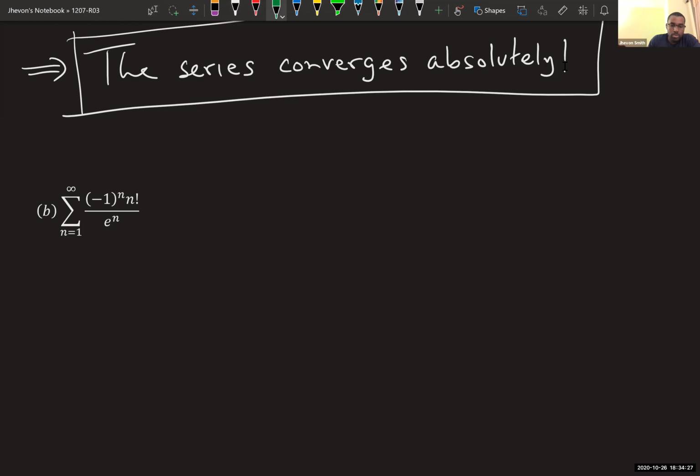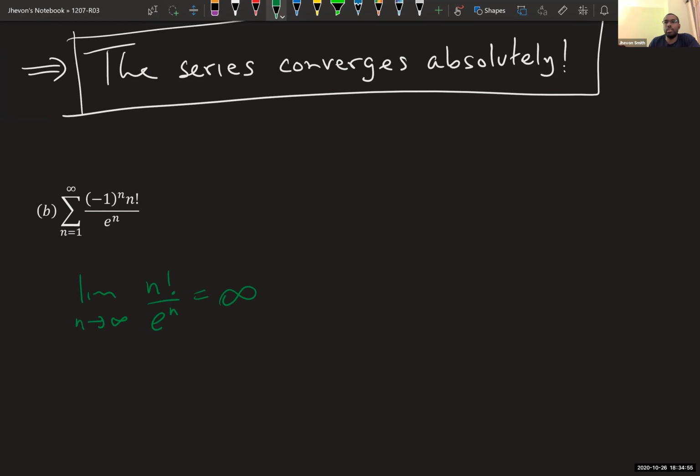Well, what if I were to just look at the limit of n factorial over e to the n? What is that? Infinity. That's infinity. What does that mean? I take the limit and it approaches infinity.